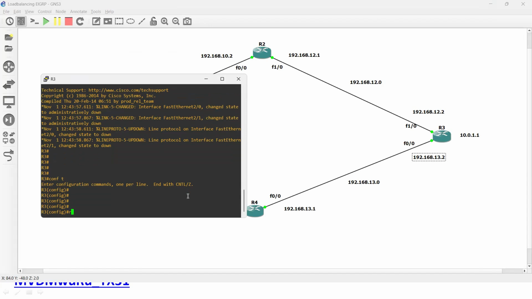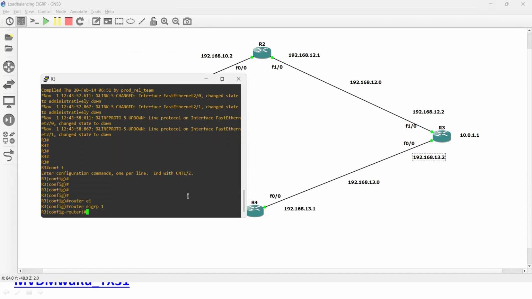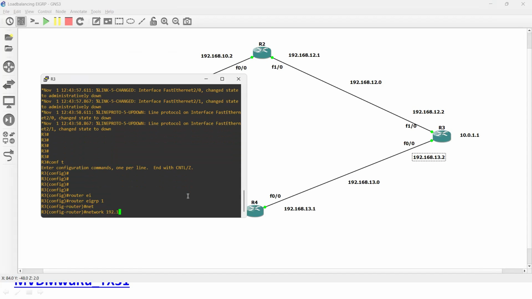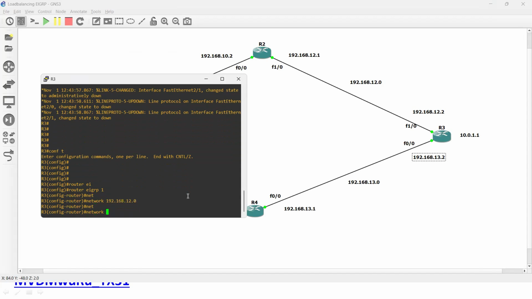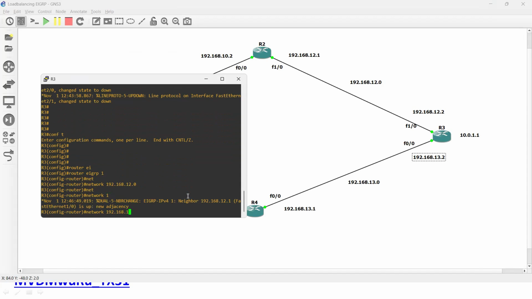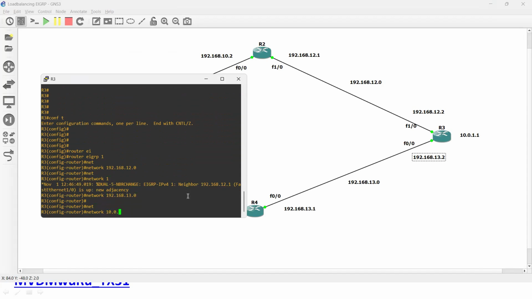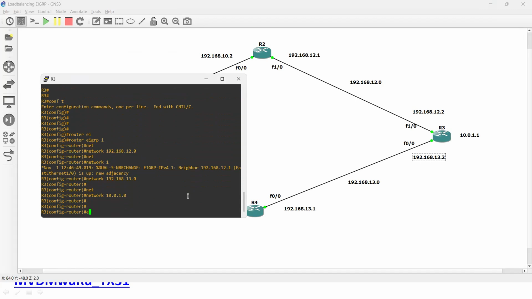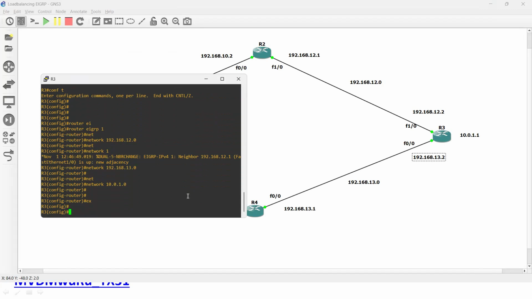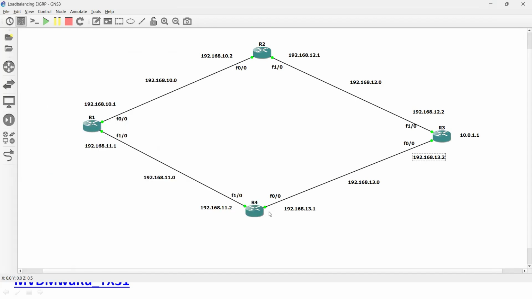Let's configure EIGRP on these networks. Router eigrp 1, network 192.168.12.0, network 192.168.13.0, and network 10.0.1.0. So I have configured all three networks on EIGRP on router number 3.